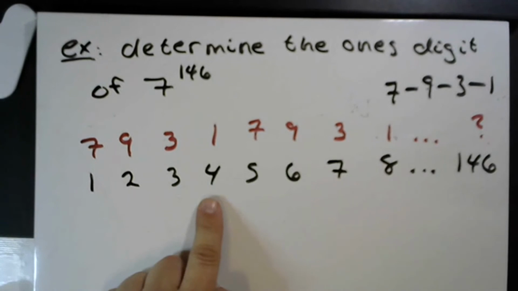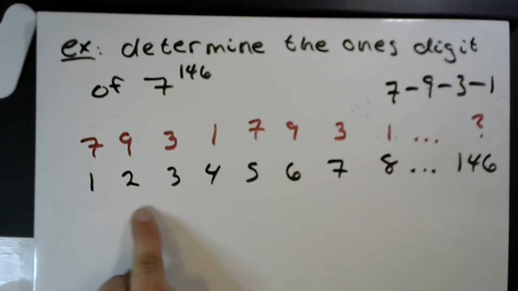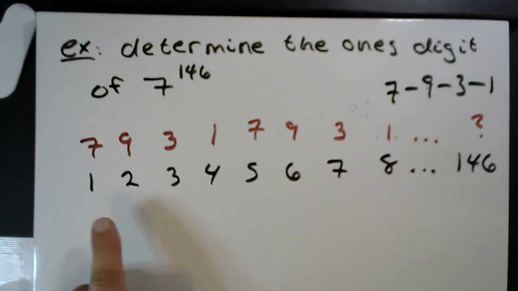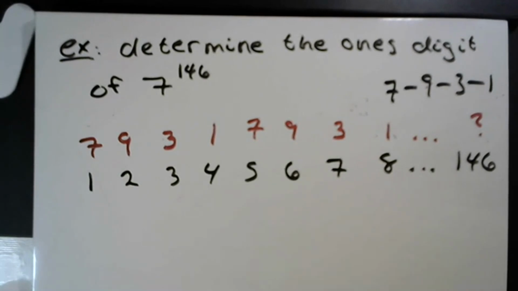Every 4 numbers, we have a full cycle. So if we have exponents 1 through 4, we get 1 full cycle. If we have exponents 1 through 8, we get 2 cycles.